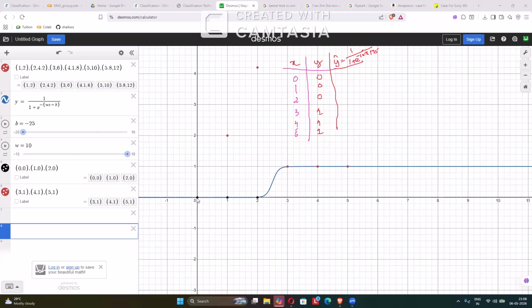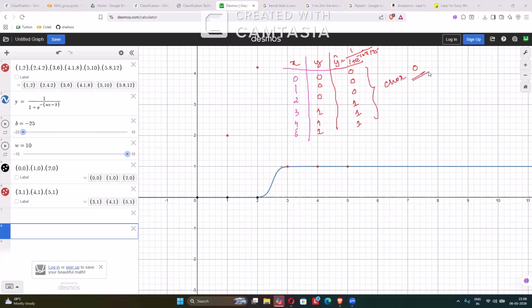What is the mapping here? For 0, what is the y? It's 0. For 1, 0. For 2, it's 0. For 3, it's 1. For 4, it's 1. And for 5, it's 1. What is the total error? 0.